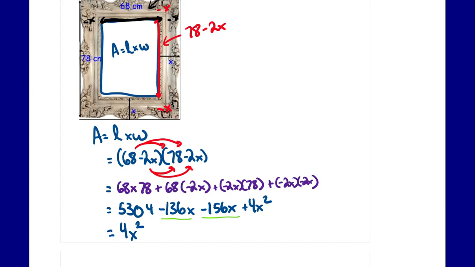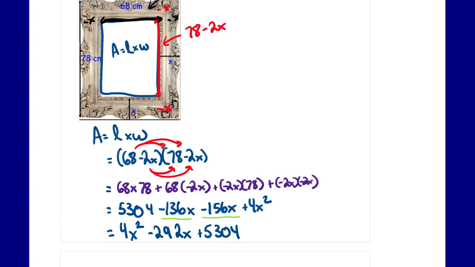We're going to combine our two like terms with the x's and get negative 292x, and then plus 5,304 at the end. So this final thing is an expression for the area of the inside of the shape. Now the x is going to be dependent on the width of the frame, but that is the general expression.